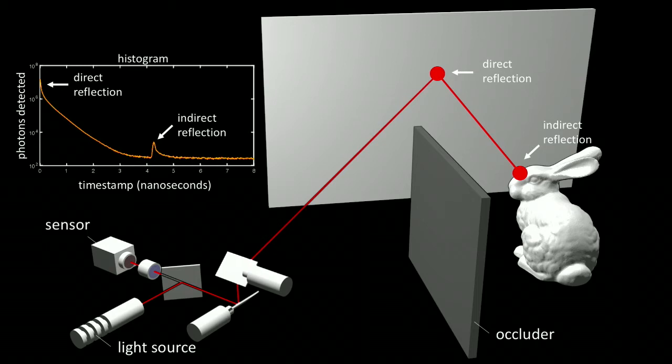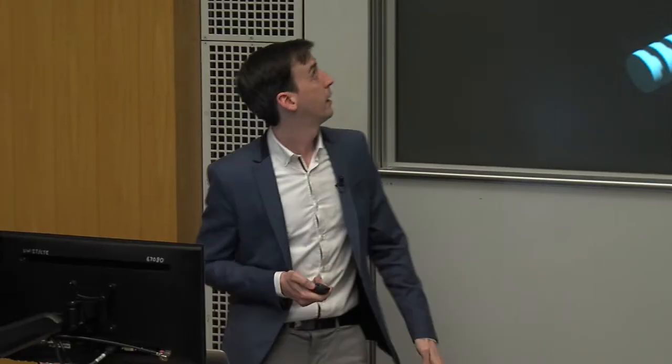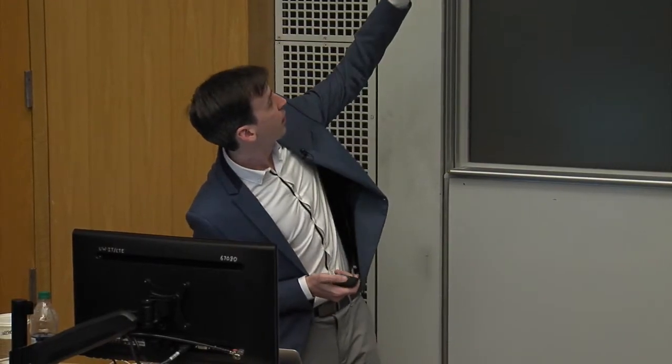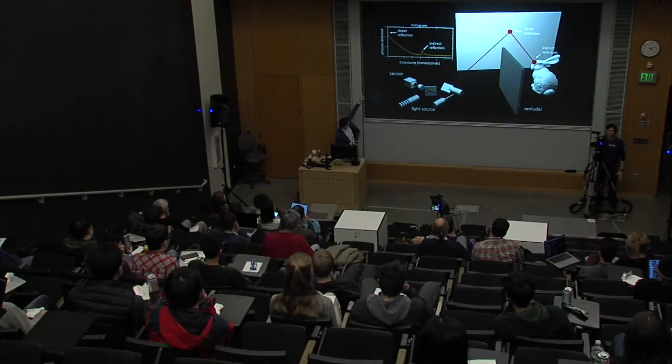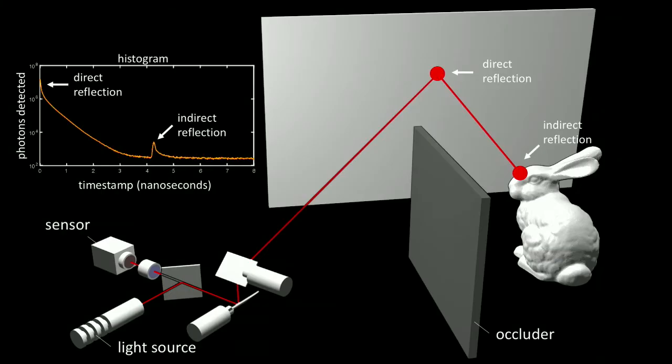This histogram is an example of a measurement that was captured with one of the systems that we built. There are 2 peaks here. On the left, at time 0, which I've just placed at time 0 for simplicity, is the light that comes straight off the wall. So it's light that you send out into your environment and that comes straight back to the sensor. But a little later in time, say 4 nanoseconds later, there are a few photons that come back.